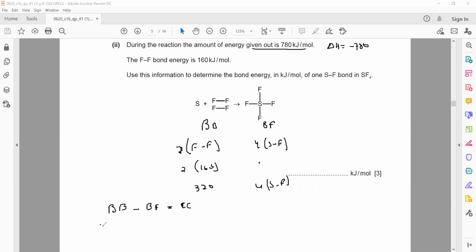So bond breaking is 320 minus bond forming, 4 sulfur fluoride bonds, equal to the energy change, which is minus 780. This is plus, on the other side it will be subtracted. So this will become minus 4SF is equal to minus 1100. The negative will cancel with the negative; 4 is multiplied, on the other side it will divide. So the sulfur fluoride bond is 1100 divided by 4, which is equal to 275.